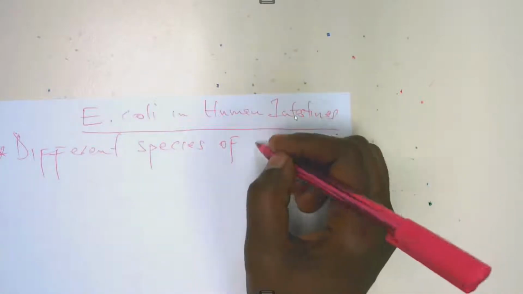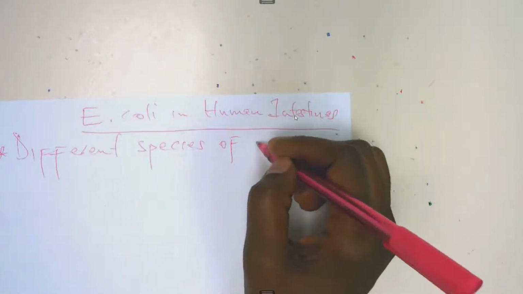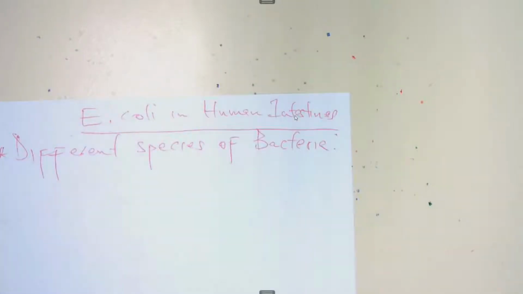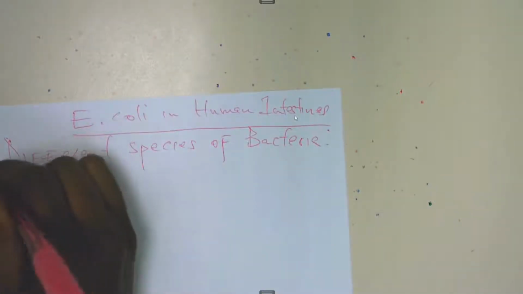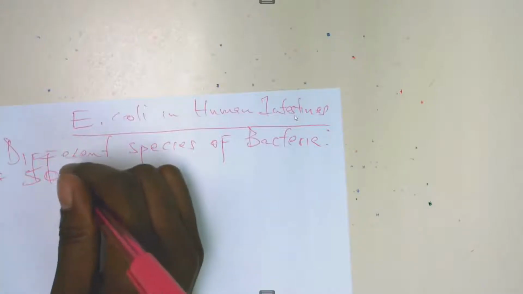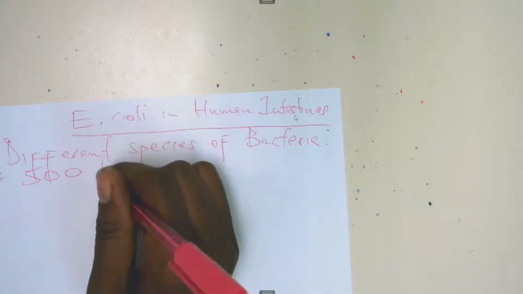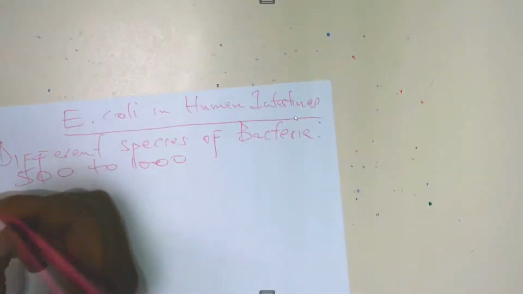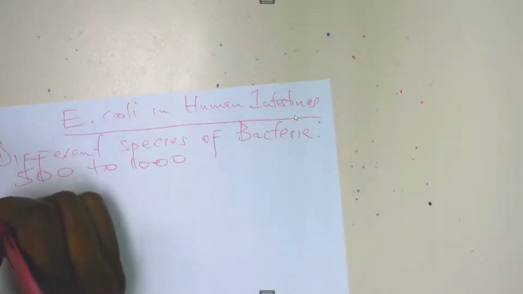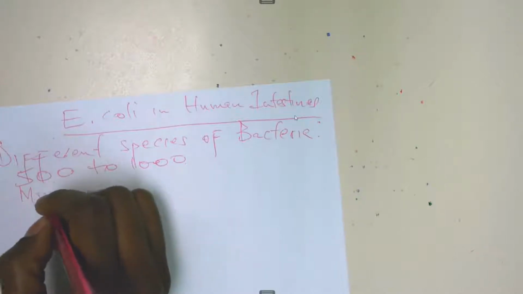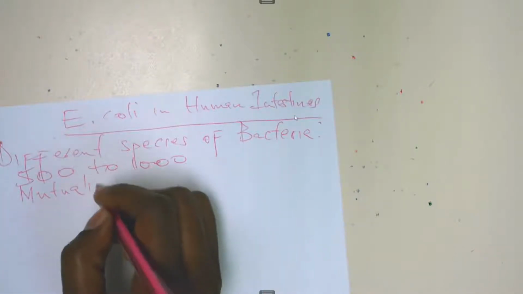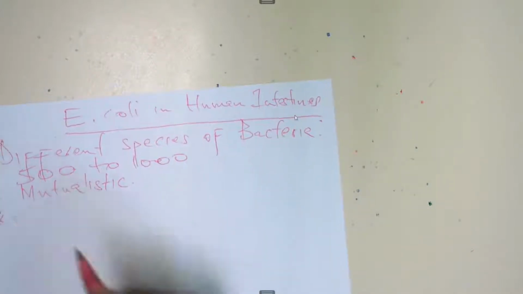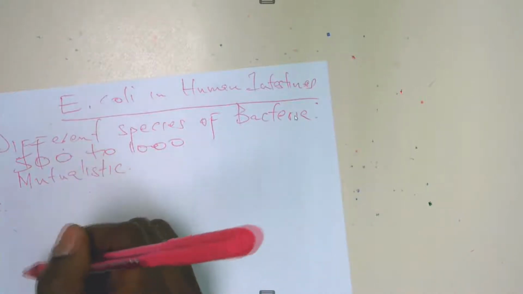But these bacteria are harmless. Different species of bacteria which are harmless in the human intestines. And it is estimated that there are about 500 to 1,000. So these bacteria are mutualistic bacteria. So how are they benefiting from the human intestines?